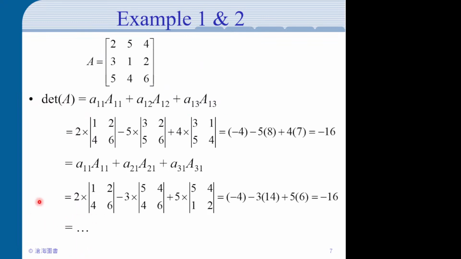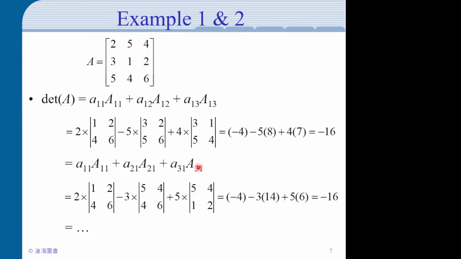And then we have a 3 by 3 example, and so you have this A11 times this cofactor, this big A11, which is this matrix, then this 5 here multiplied by its cofactor, which is the determinant of the submatrix 3, 5, and 2, 6, and this 4 times this matrix.